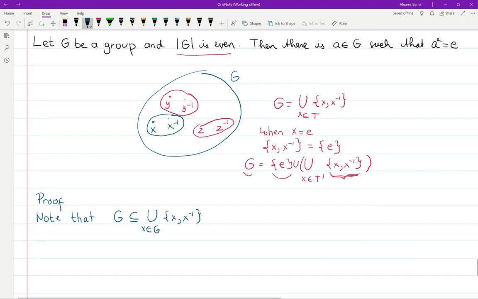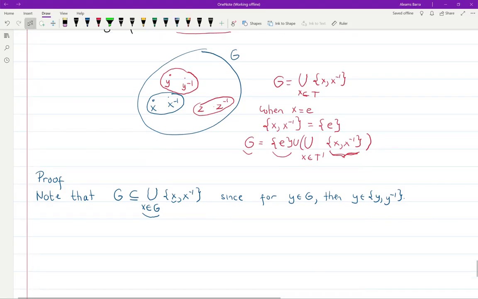Why is that so? Since for Y in G, because we list all elements in G as the first member of that set, of course Y appears in the set consisting of Y and Y inverse. So this is a true statement.